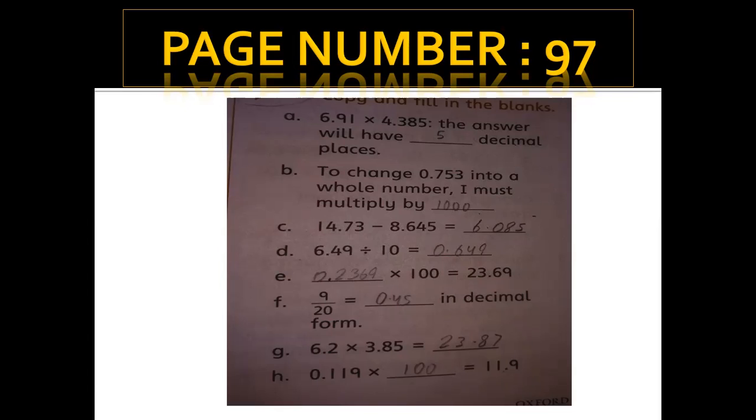Here we multiply 0.369 with 123.69, 9 over 20, 0.45 in decimal form. After the multiplication, 23.87, 0.119, multiply it with 100, we got 11.9.